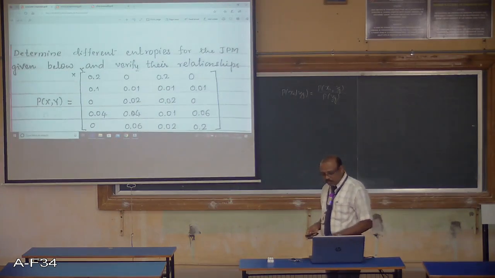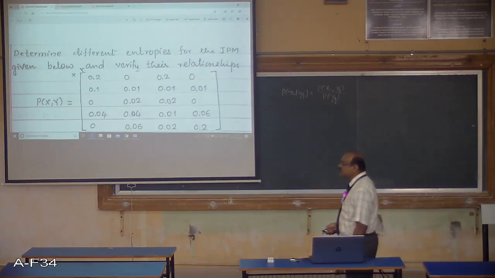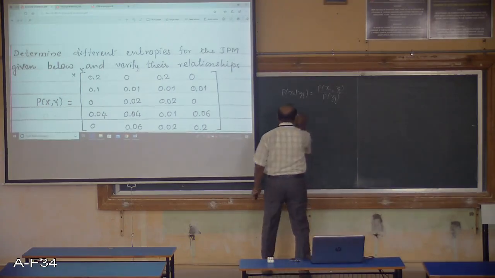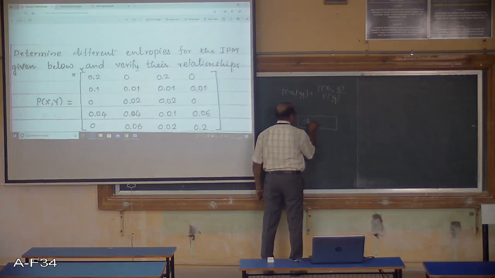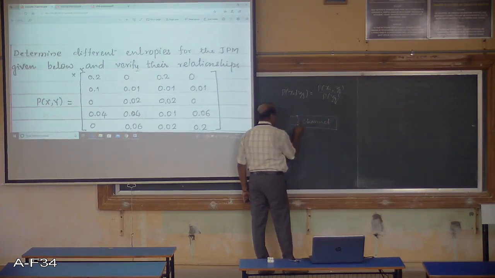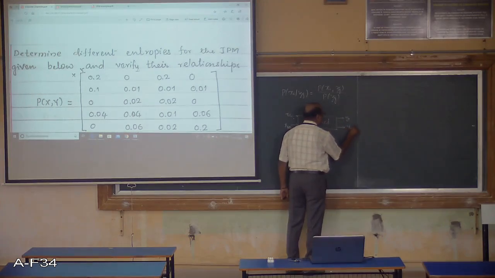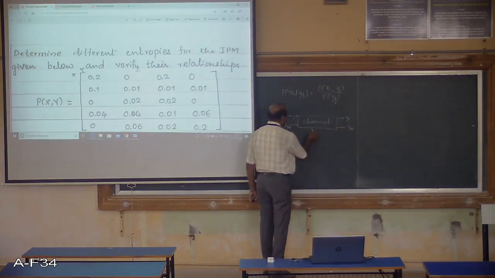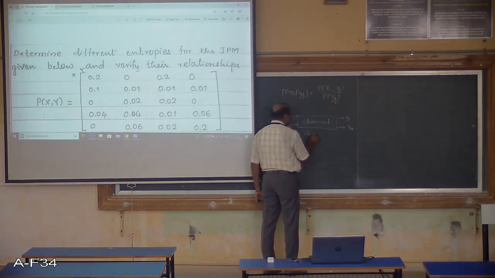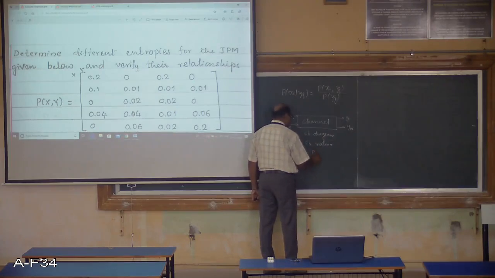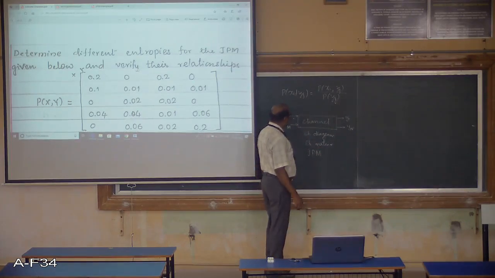Now, what we studied so far was with respect to any physical channel. This is a channel, maybe wired or wireless, to which there are M input symbols and N output symbols. This channel is mathematically represented by a channel diagram or channel matrix or joint probability matrix, a mathematical representation of a channel.